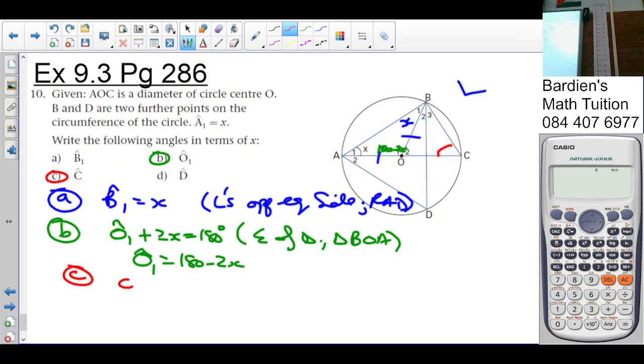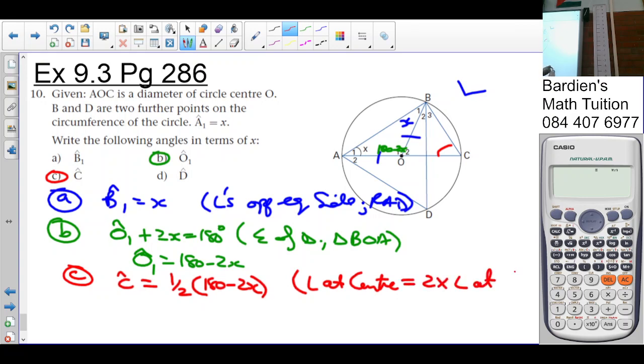So angle C is going to be half of O1, which is 180 minus 2x. Angle at center equals 2 times the angle at circumference, which makes that 90 minus x.